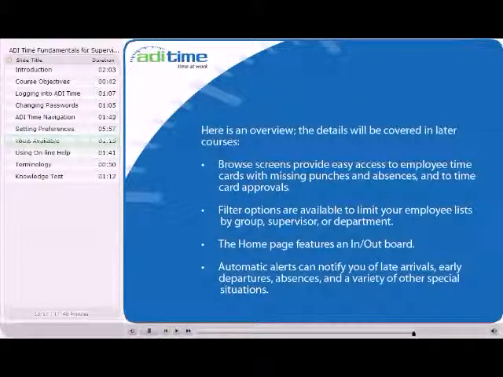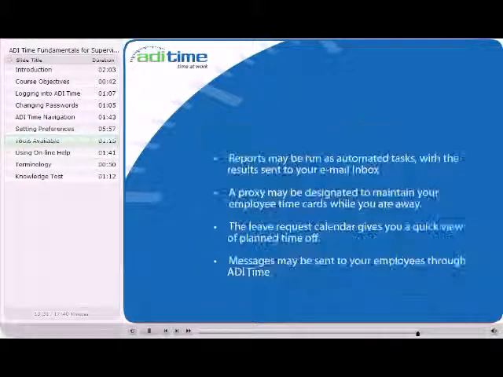The home page features an in/out board. Automatic alerts can notify you of late arrivals, early departures, absences, and a variety of other special situations. Reports may be run as automated tasks, with the results sent to your email inbox.